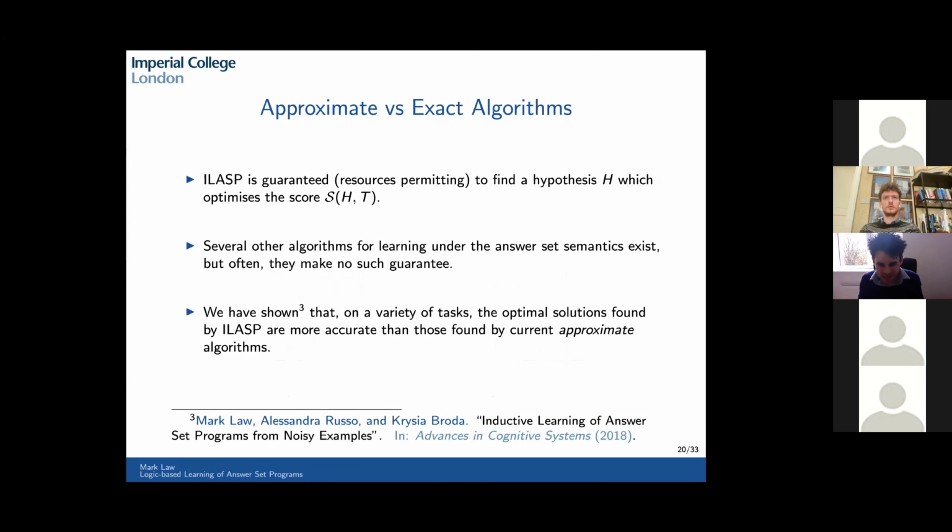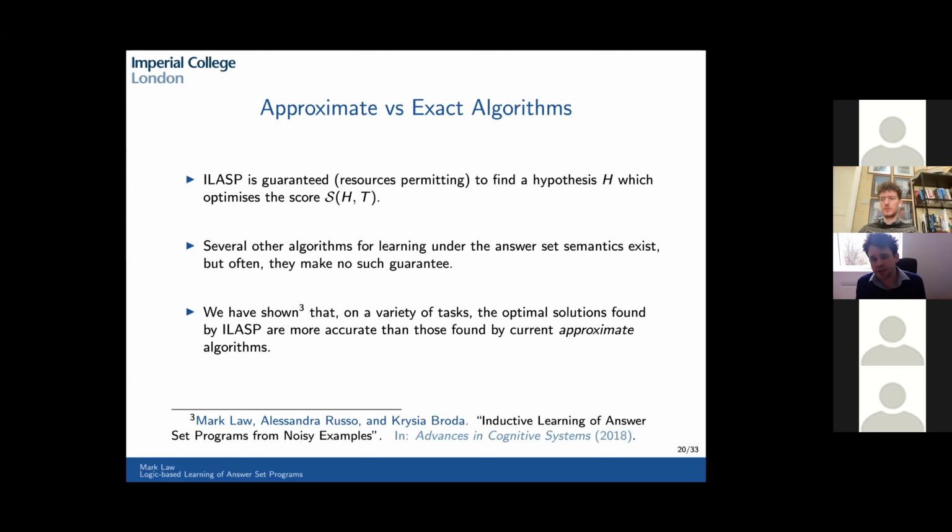That was a synthetic experiment just to test. The reason we do these synthetic experiments is to evaluate on a known quantity of noise. Obviously, we also want to do experiments on real data sets because they have a more realistic distribution of noise. And in this experiment I'm going to show you, we wanted specifically to compare ILASP to other algorithms that operate under the answer set semantics.